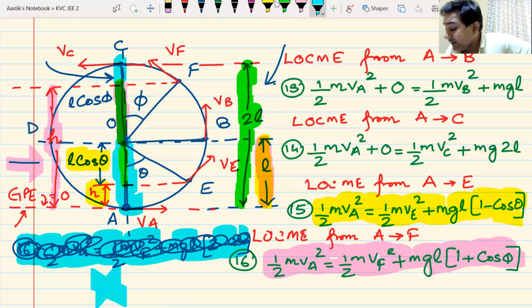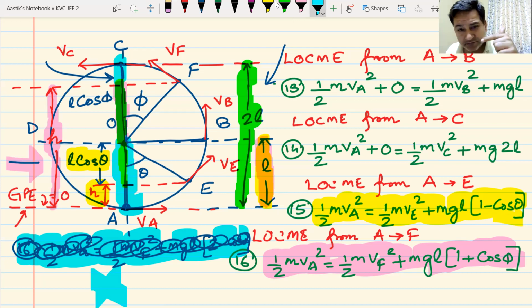Okay, so these are 16 equations that we have written. Now, all of these equations will not be required. You will be concentrating on only 2 points, either from A to F, or from A to B, or from A to C, or from A to E. So maximum, you will require only 4 or 5 equations.